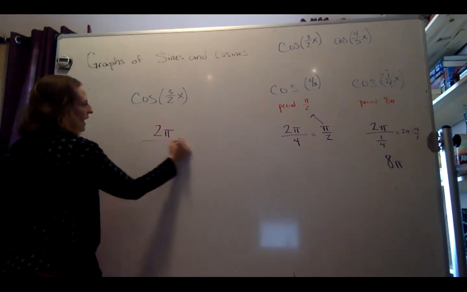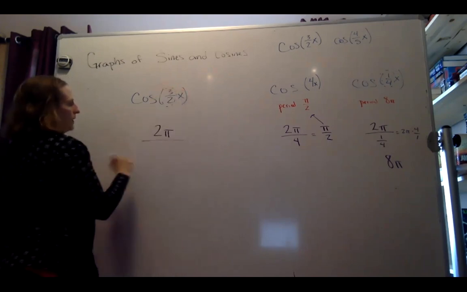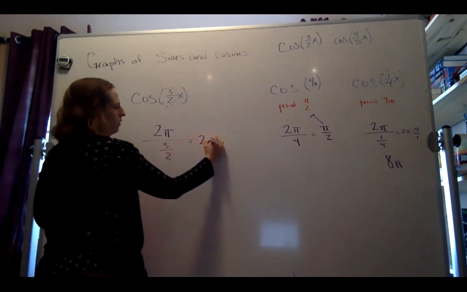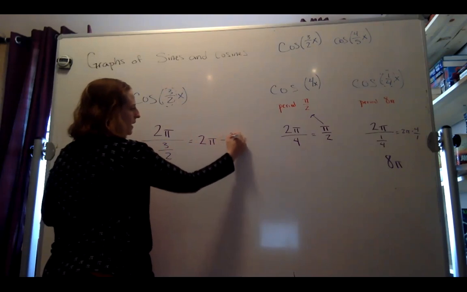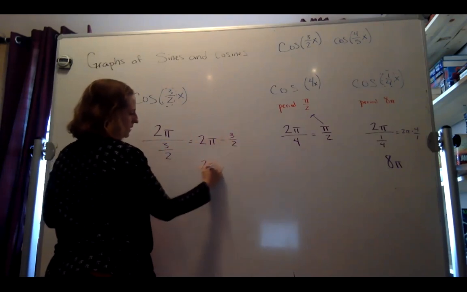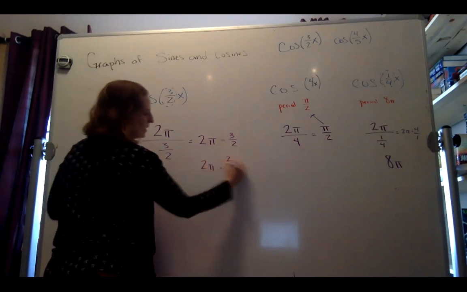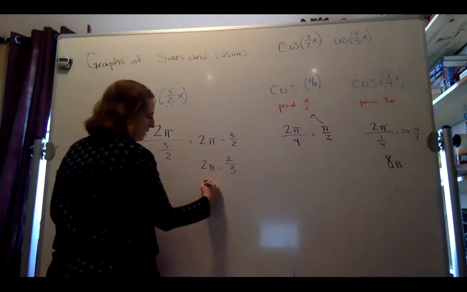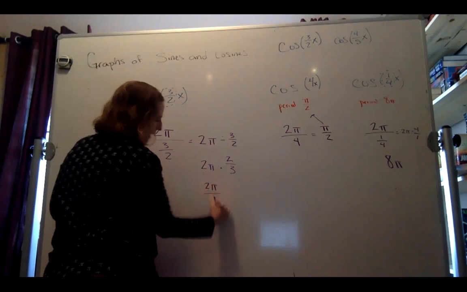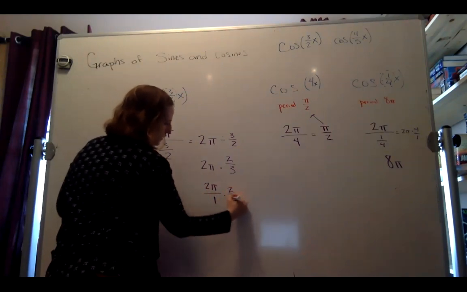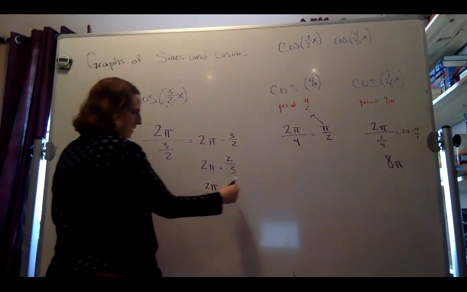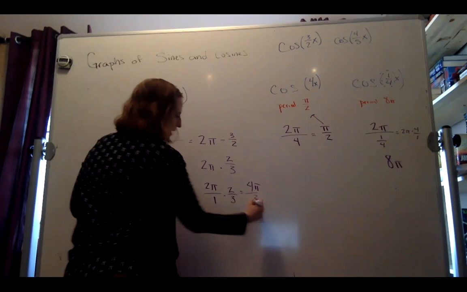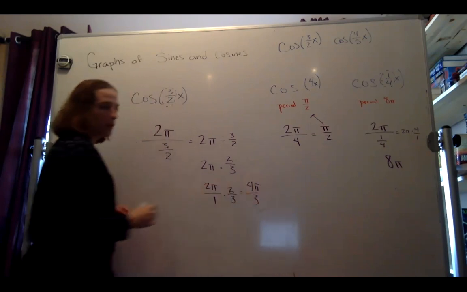We're going to divide that by this factor here, 3/2. 2 pi divided by 3/2 is the same thing as 2 pi times 2/3. Dividing by a fraction is the same thing as multiplying by the reciprocal. I can think of 2 pi as 2 pi over 1, so I have 2 pi over 1 times 2/3. 2 pi times 2 is 4 pi. 1 times 3 is 3, so our period is 4 pi over 3.